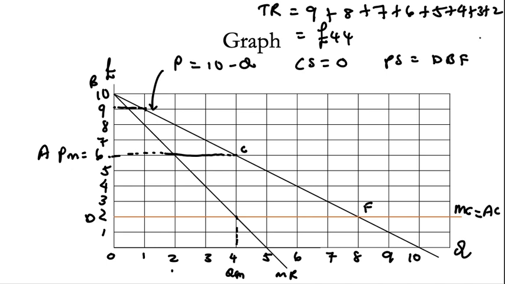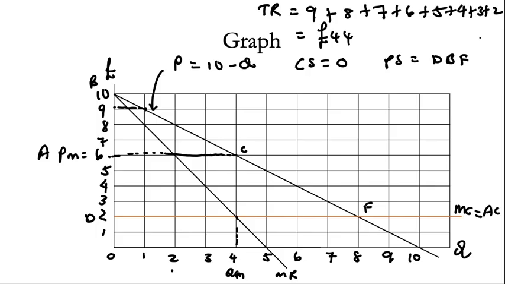Very big. Producer surplus becomes big here because all consumer surplus has gone to the producer. Because the producer managed to charge the same price as the reservation price of the consumer, the highest price that the consumer is willing to pay. That's the reservation price.